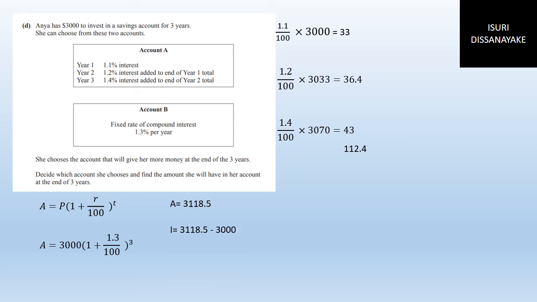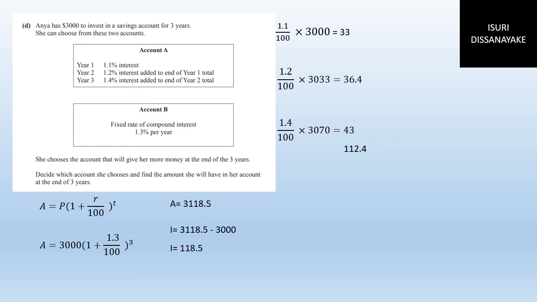So we know that the interest amount is found from the total amount when you subtract the principal amount, or the initial amount which you saved or invested. So your interest is 118.5. Now you can clearly see if you put the money into account A, at the end of 3 years you will earn a total of 112.4 interest.